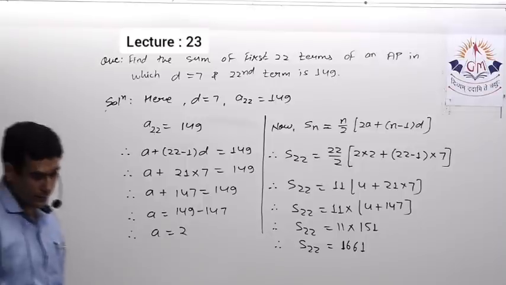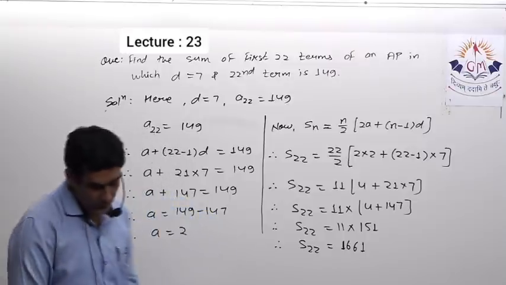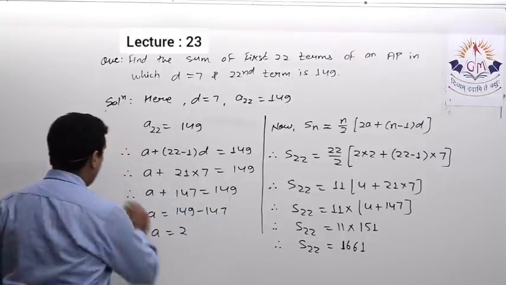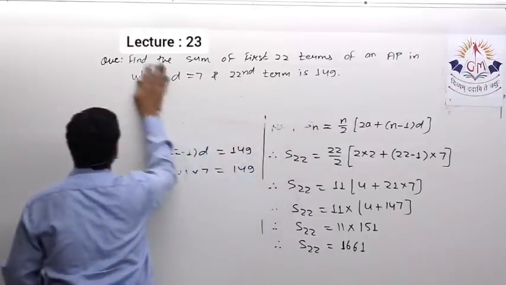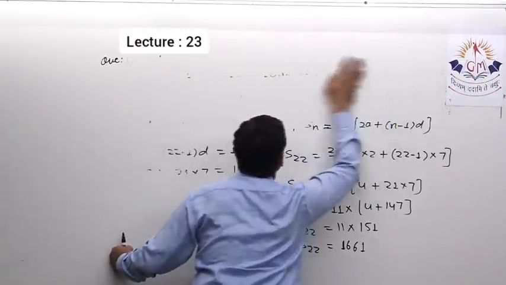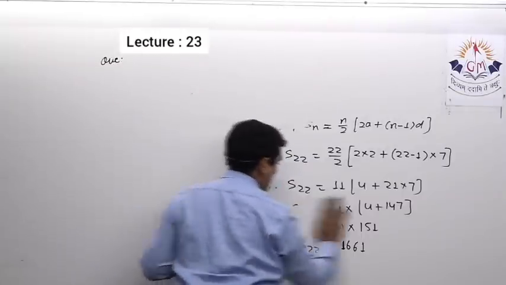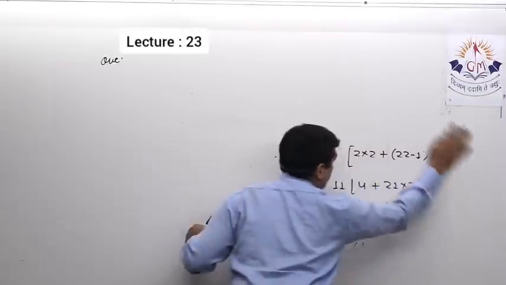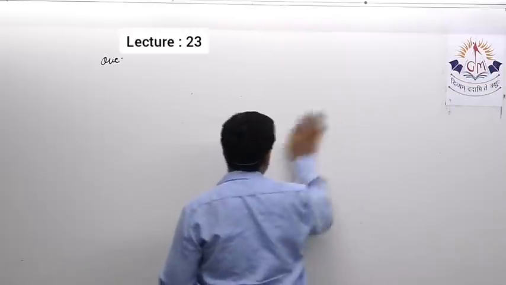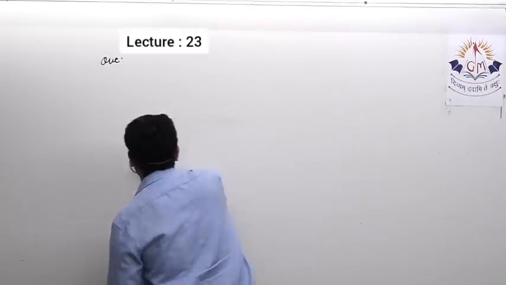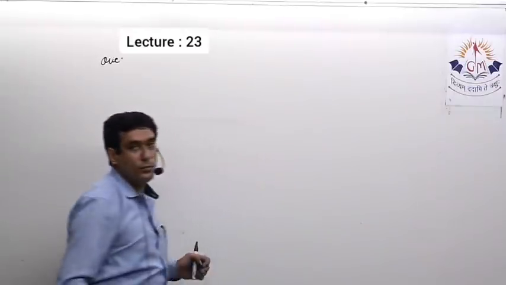Okay, so now the next question is, find the sum of first 51 terms of an AP. In these sums in which you have to find the sum, you just have to concentrate on what you need extra according to the formula.